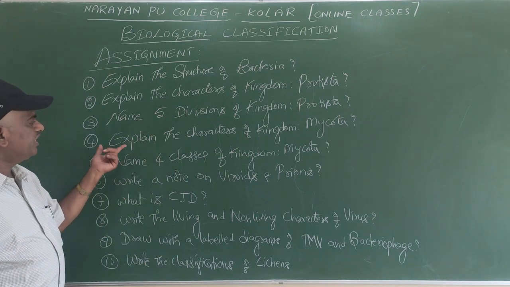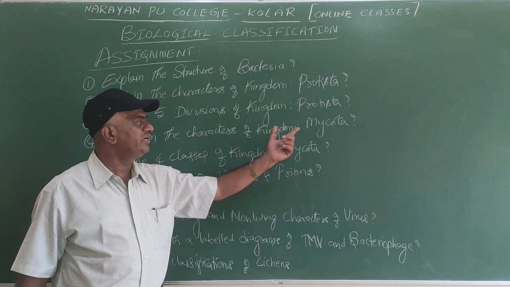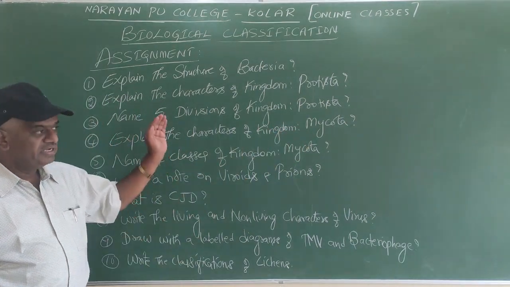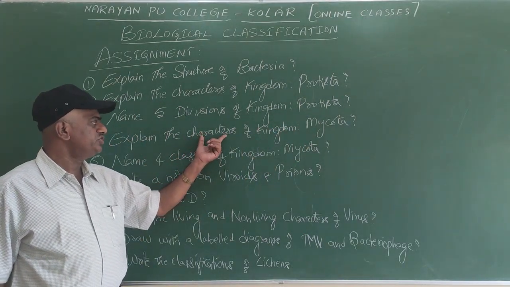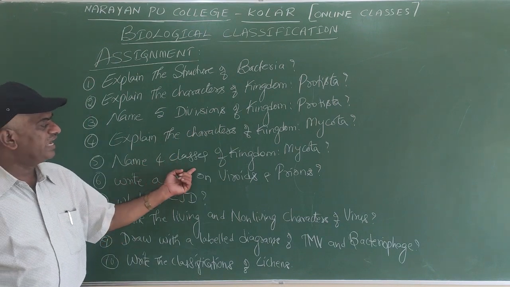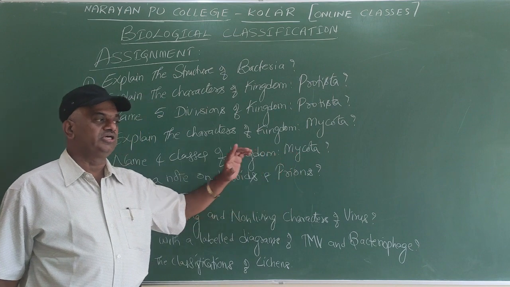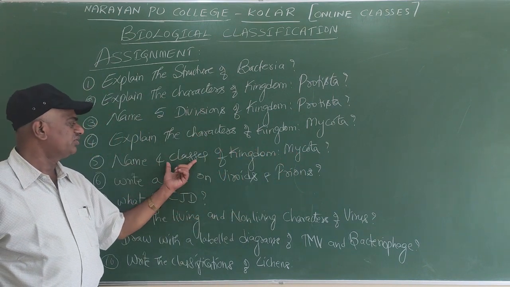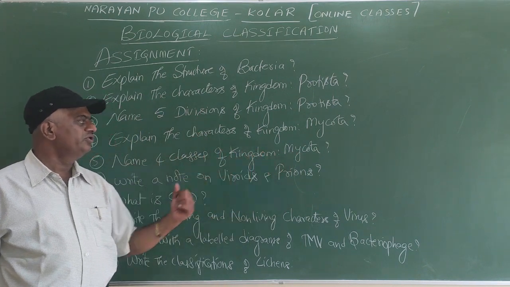Next, explain the characters of kingdom Mycota. The general characters should be written here. Next, name four classes of kingdom Mycota. There are four classes, and you are going to write those classes.